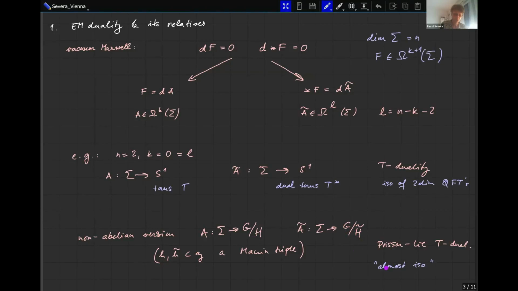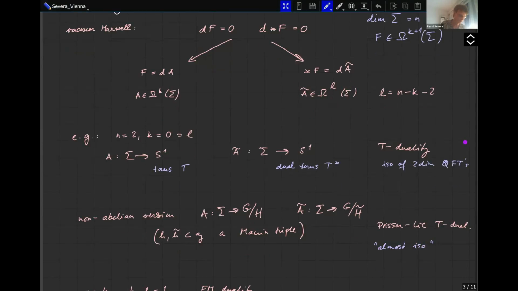In this case, I cannot say that we get isomorphic quantum field theories. Such a statement is not known, but they are almost isomorphic. I will not tell you right now what this almost means, but they differ in some sense by some finite number of data. Also, I don't know how to present this non-abelian version in this super easy way, but well, that's life. That's what happens with non-abelian things.